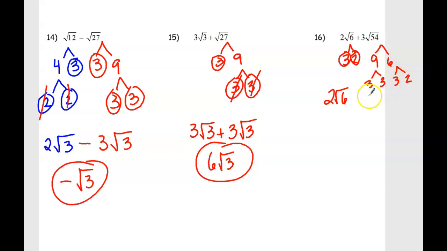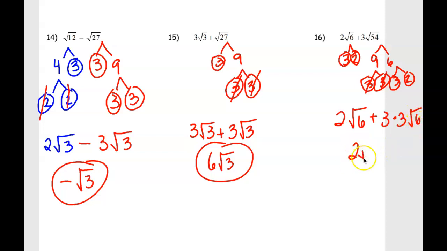Okay, looking for our pairs, so we're going to take that 2 radical 6, and we're going to add it to, let's see, we've got 3 times a pair of 3's. Oops, let's circle them. And what's left over is 3 times 2, which is 6. So we're taking 2 radical 6 and we're adding 9 radical 6, and we'll get 11 radical 6.